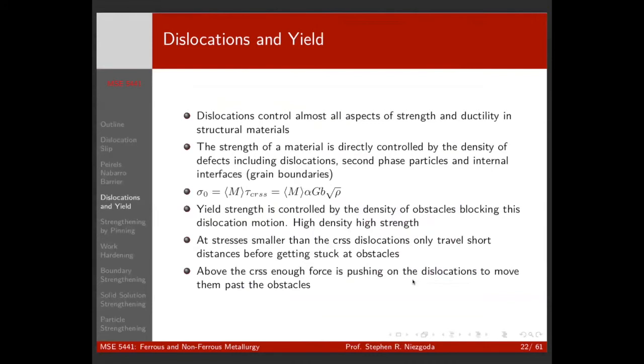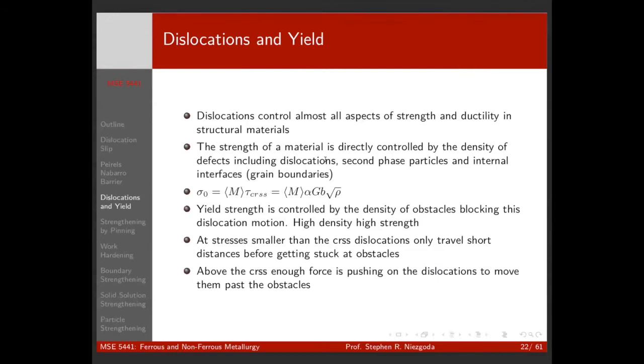Now we want to talk about families of dislocations and populations of dislocations. Dislocations control almost all the aspects of strength and ductility in structural metals.